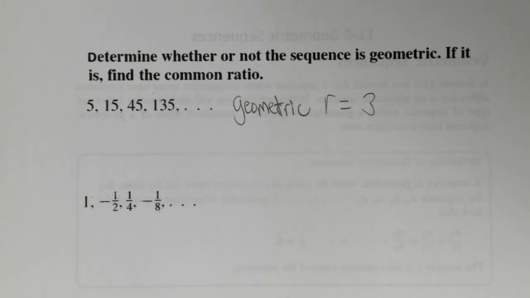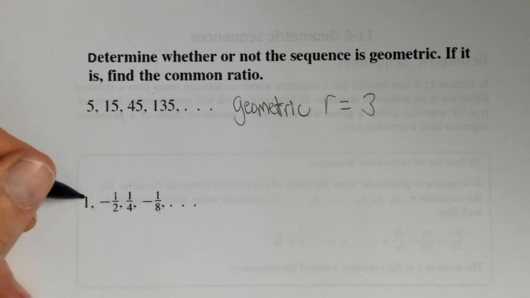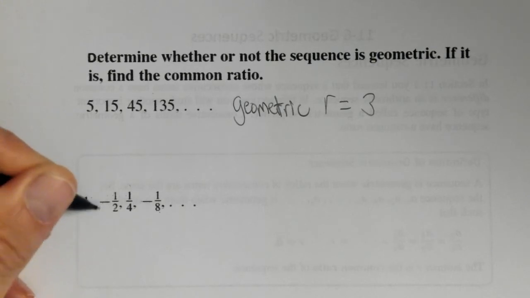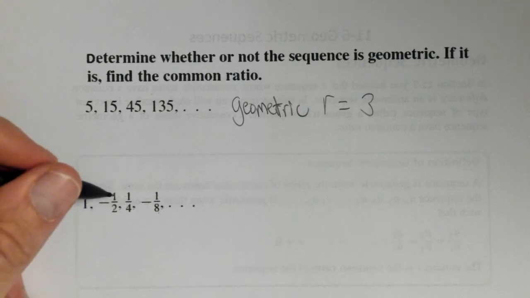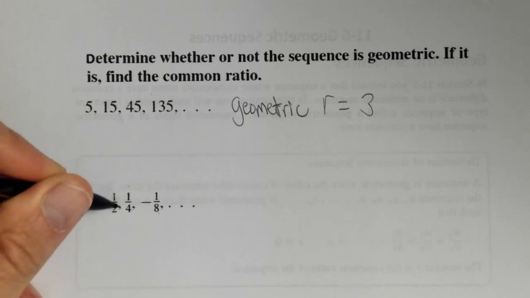All right, so now, once we get to fractions, sometimes it can be a little bit more difficult, but if you think about it like this, what can I multiply 1 by to make it negative 1/2? Well, I can multiply it by negative 1/2, and that would turn 1 into negative 1/2. But the key is, does that keep going for the rest of the sequence? Let's see. What if I multiply negative 1/2 times negative 1/2? 1/2 times 1/2 is 1/4.